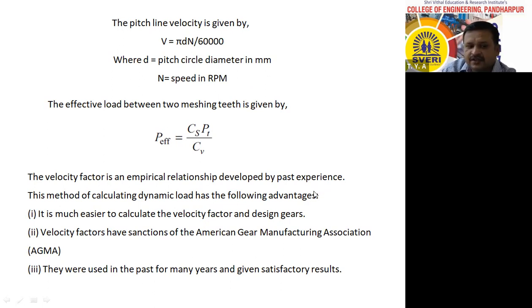Second, velocity factors have the sanction of the American Gear Manufacturers Association, that is AGMA, and they were used in the past for many years and gave satisfactory results. You write down only formulas, yeah? Don't write this theory. Write down only formulas.